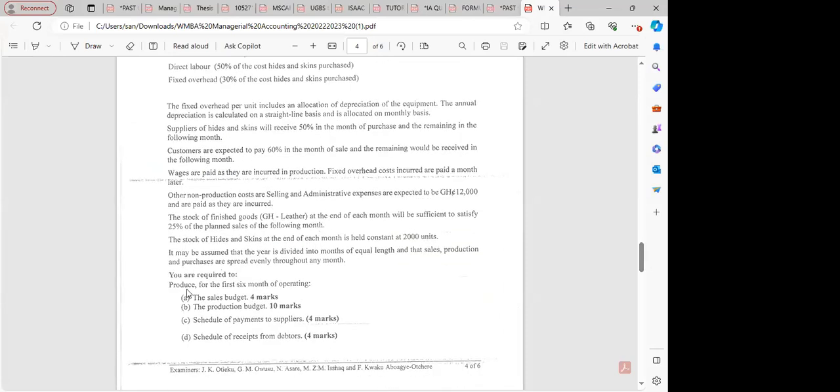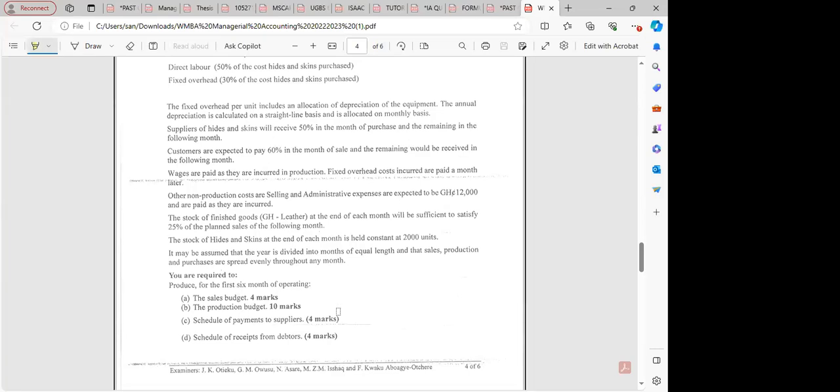You are required to prepare for the next 6 months, and budgeting is recorded in 2024. It will be January, February, March, up to June, 6 months.